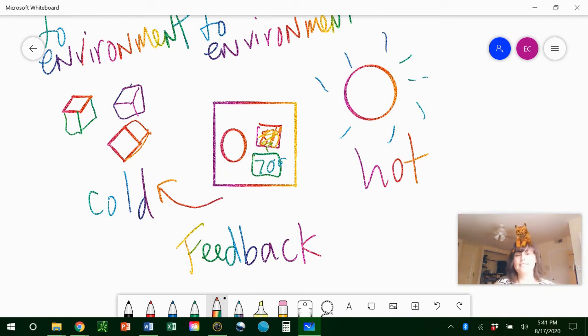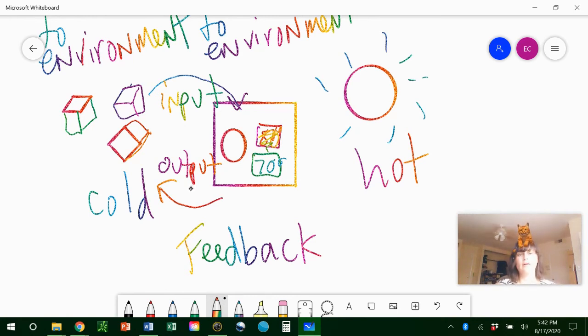Once it hits 70 degrees, there's going to be some input that comes back to the system. The output is cold, but then the cold air ends up becoming the input. Super crazy. The output becomes the input.